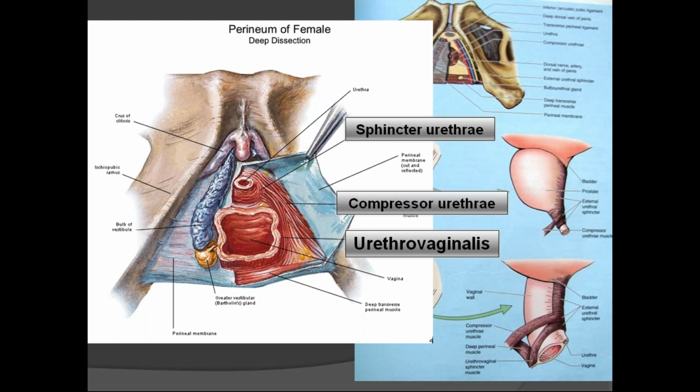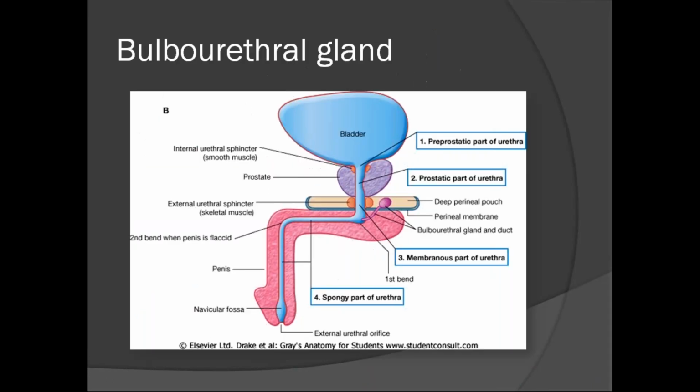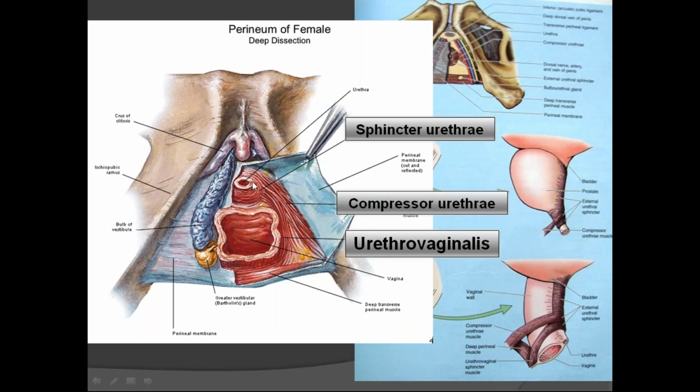Okay, sphincter urethrae, deep transverse perineae. So in case of female, sphincter urethrae, compressor urethrae, urethrovaginalis. This is urethral orifice, and this is vaginal orifice.